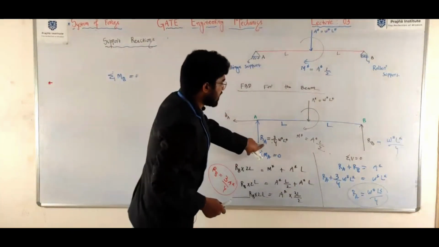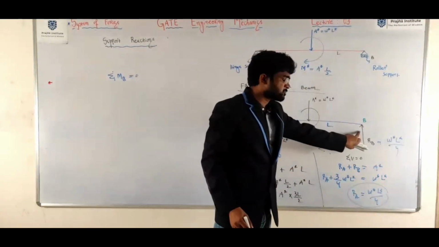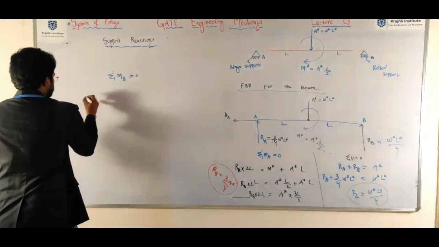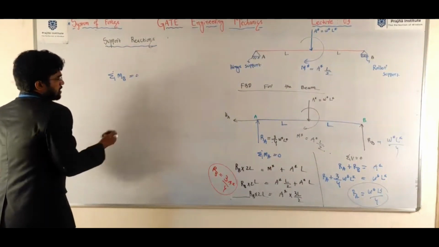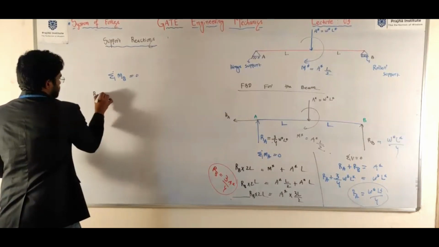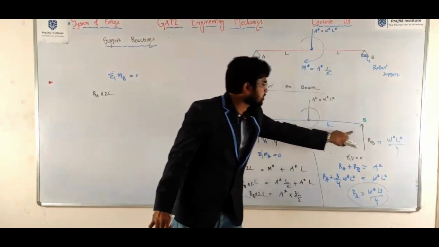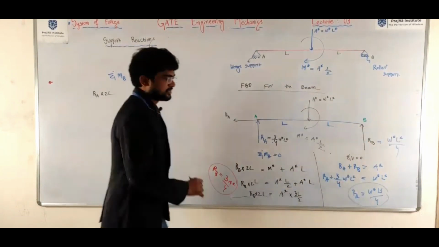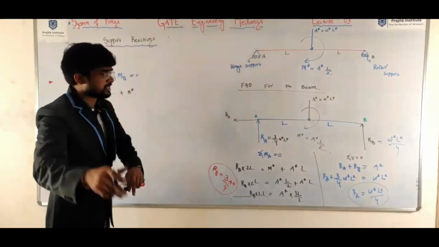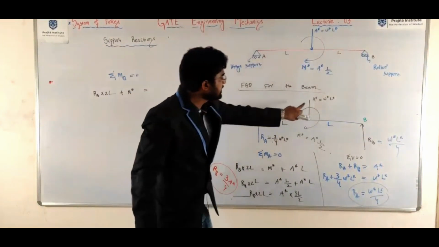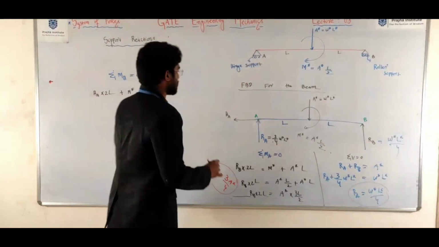What is the moment of RA about this point? Clockwise. That is RA into 2L. Next, moment of M, is it clockwise or anti-clockwise about this point? Clockwise. That is M star. Sum of the clockwise couples equal to sum of the anti-clockwise couples. Moment of A star about this point, clockwise or anti-clockwise? It is anti-clockwise.